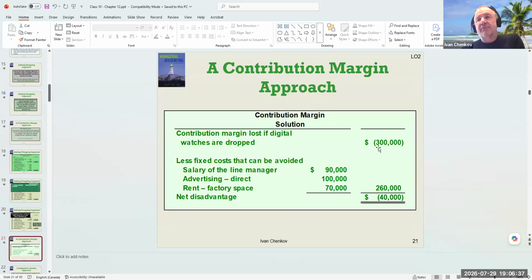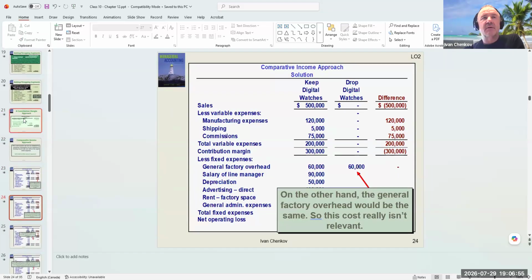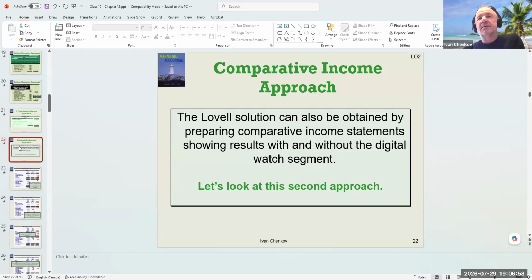If we drop the division, we're losing the contribution margin. We're going to save on the salary of the line manager, advertising director, and rent expenses. So total savings is going to be 260. So in fact, if we drop this division, we're going to lose $40,000.